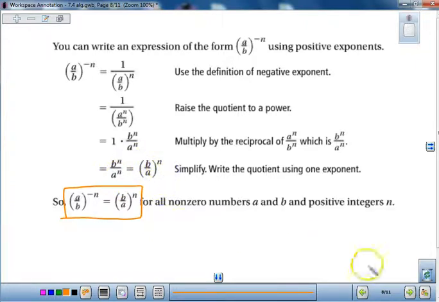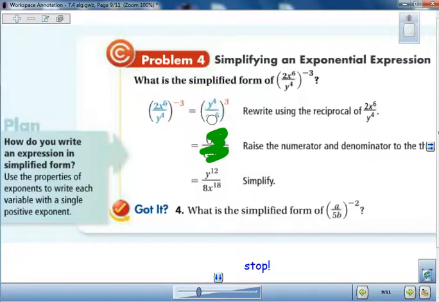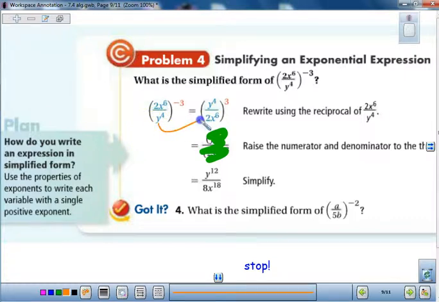As we look at problem 4 with negative exponents, you always have a choice: do you want to rewrite it with positive exponents first, or do you want to raise the powers? Here, what we're going to do first is rewrite the part inside the parenthesis as a reciprocal. So y to the fourth over 2x to the third, and notice the positive exponent.